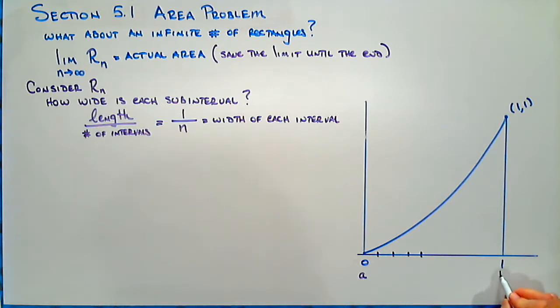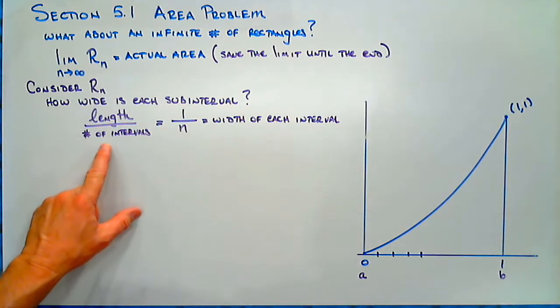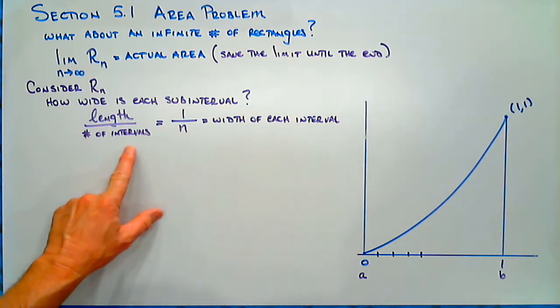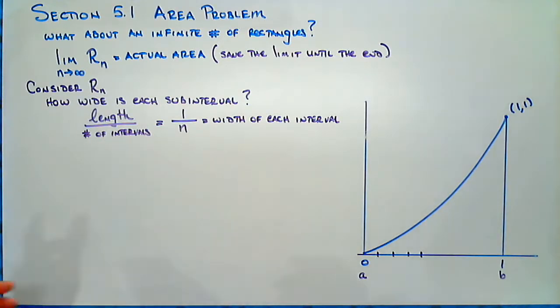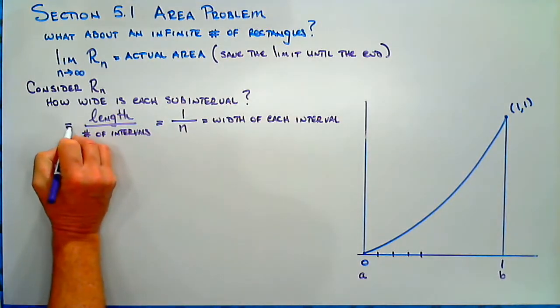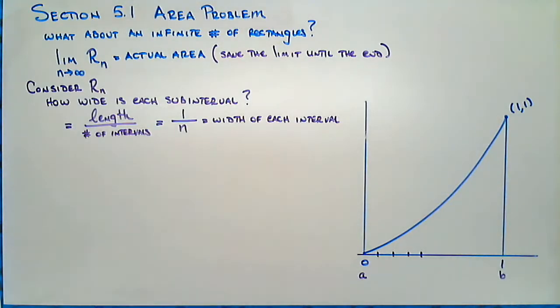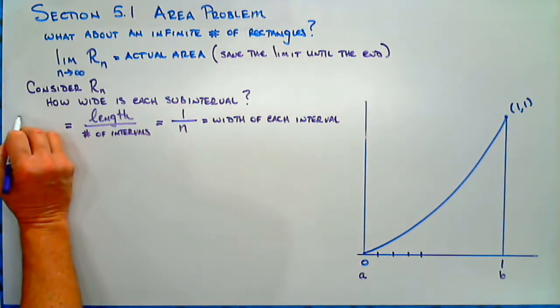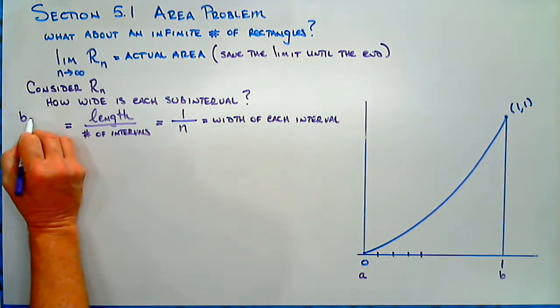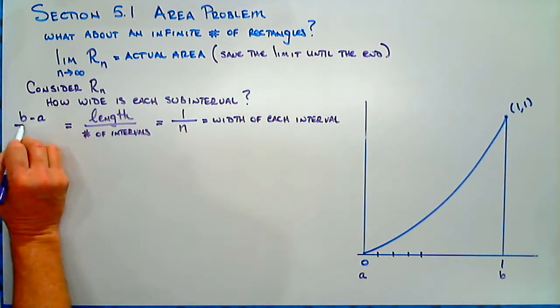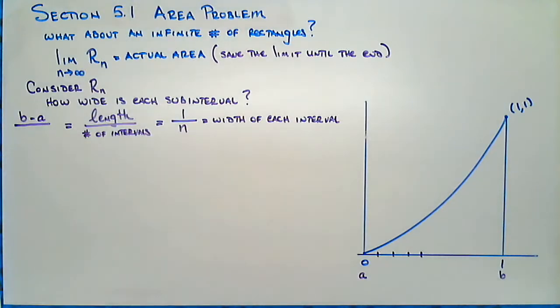We call the right-hand person B. And so we can take this length divided by number of subintervals. Our length is always going to be our right-hand endpoint minus our left-hand endpoint. 1 minus 0, this is 1 long.